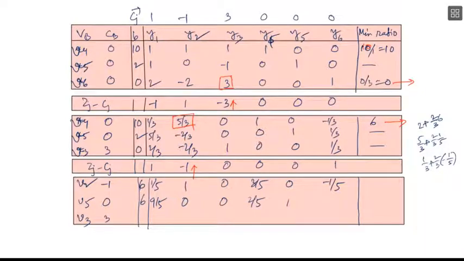Yes, 1/3 plus 2/3 into minus 1 by 5. Yes, it's correct. 5 by 15 minus 2 by 15, so it is 3 by 15.